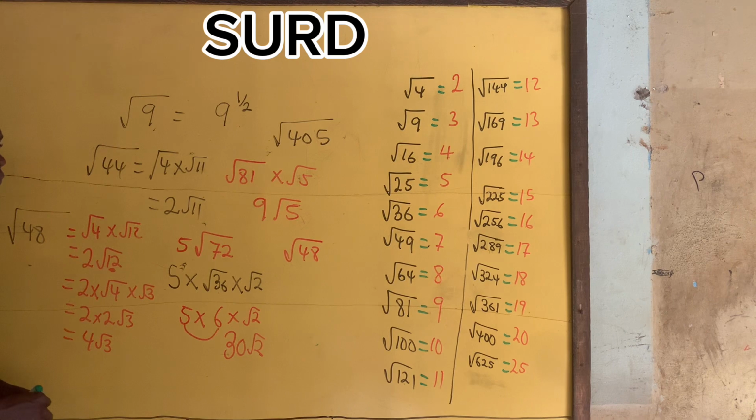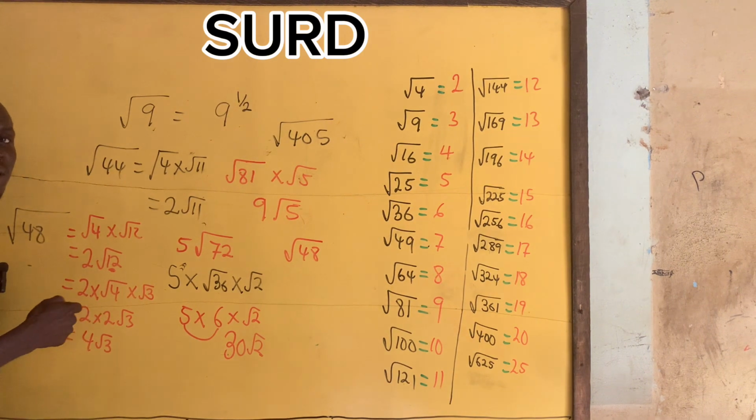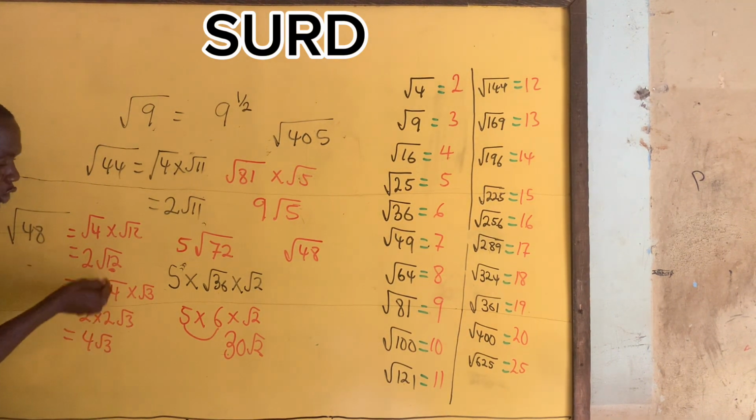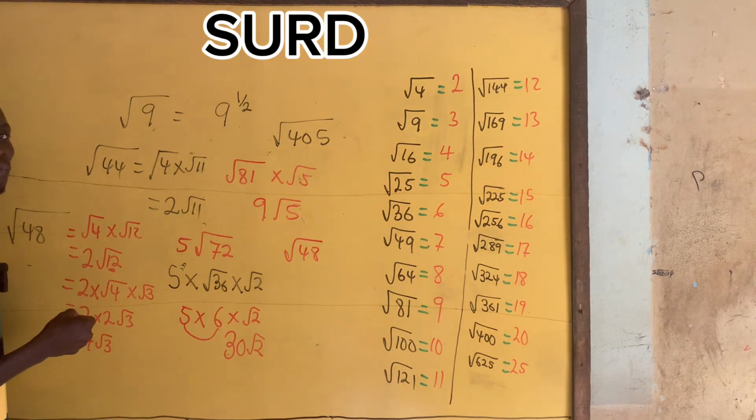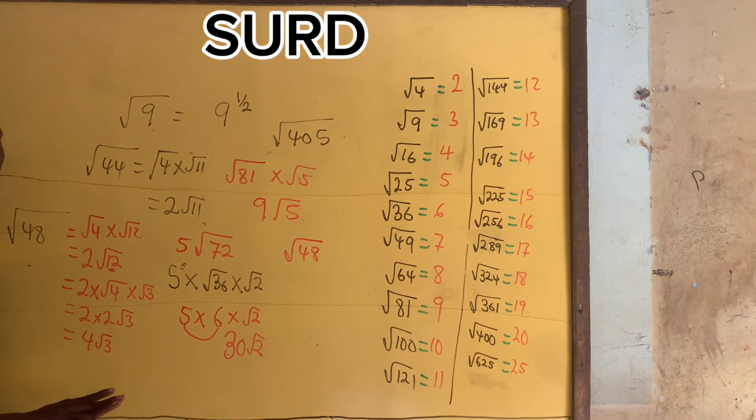So at times, if you cannot use a bigger perfect square to divide and you know a small perfect square, just use it and make sure that what remains, if there's a perfect square that can still divide it, you divide it again and come down in a very simple way.